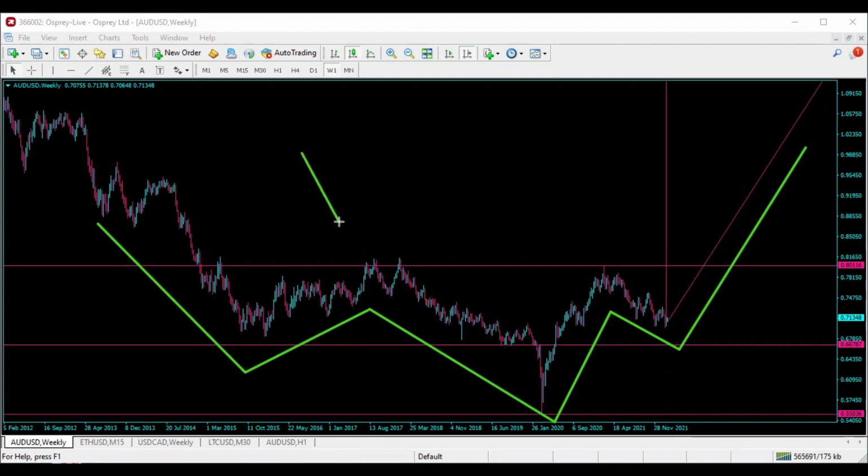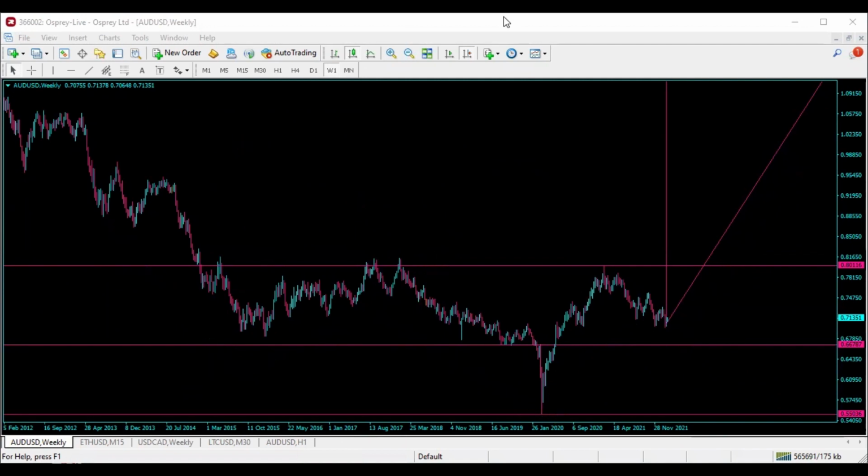There's a left shoulder, a head, and a right shoulder. By the way, this is upside down. It actually looks like this. But it's a beautiful, absolutely stunning reversal pattern.